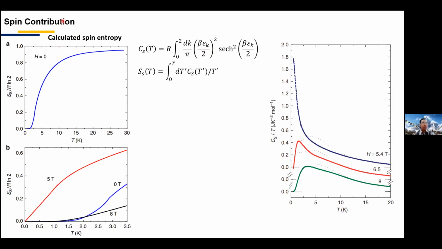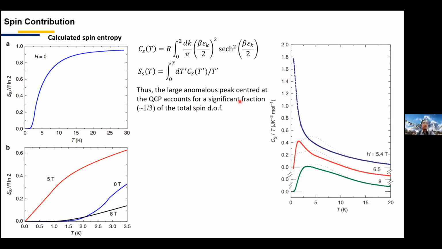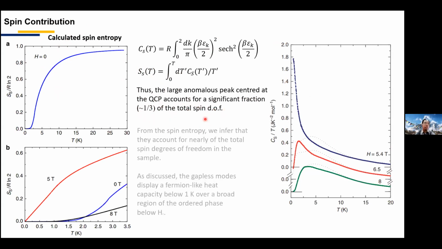Therefore, we can also calculate the spin entropy to see which degree of freedom of spin is acting in this material. By integrating the specific heat capacity, we obtain the large anomalous peak centered at the quantum critical point, which is from one third of the total spin degrees of freedom.